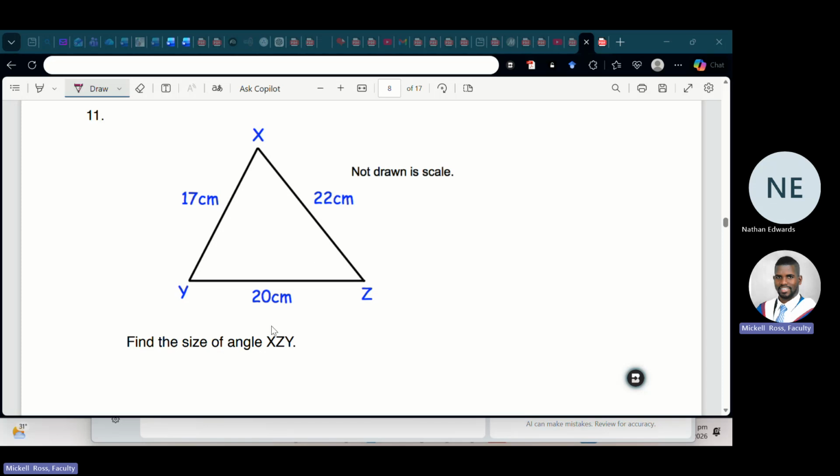So we want angle Z, so we want this angle here. This side is common Z. This side is common Y. This side is common X.